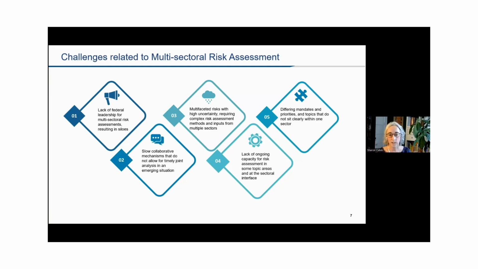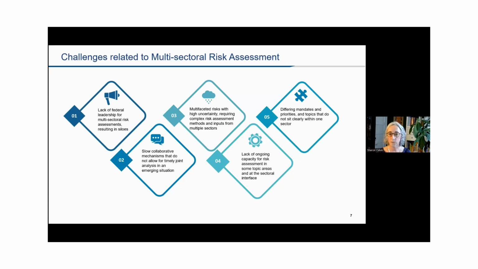Second, we do have some collaborative mechanisms, but they tend to be relatively slow mechanisms that don't necessarily allow for joint analysis and timely analysis in an emerging situation. We know that One Health includes multifaceted risks with high uncertainty.